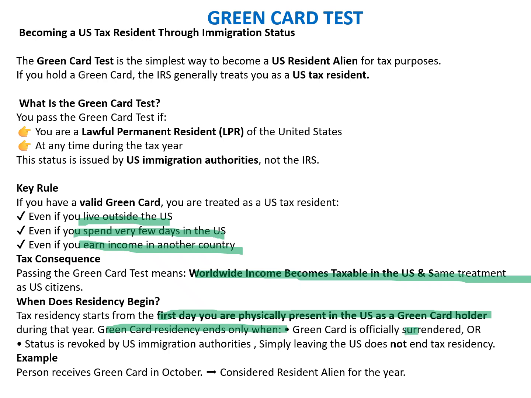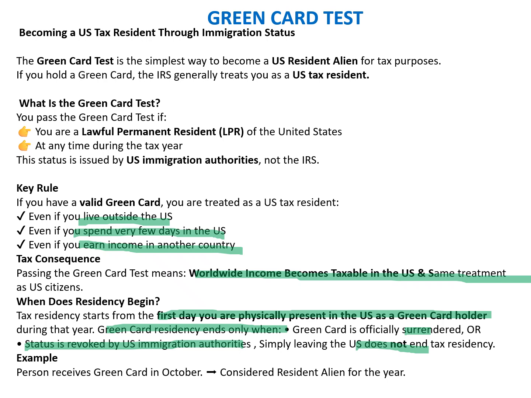And when does it cease to exist? When the green card is officially surrendered or the status is revoked by the US immigration authority. Simply leaving the US does not end tax residency. So which means that once you get the green card, that is the date from which you will be treated as a resident alien.